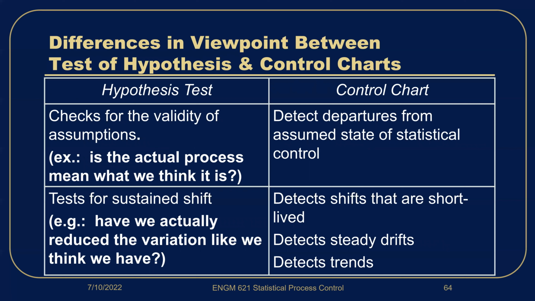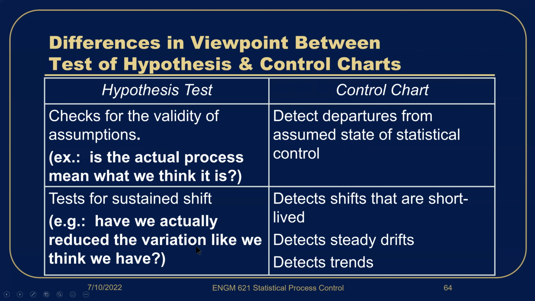Let's summarize the differences in viewpoint between tests of hypothesis and control charts. We use hypothesis tests to check the validity of assumptions such as actual process mean or variance. And we use control charts to detect departures from the assumed state of statistical control.